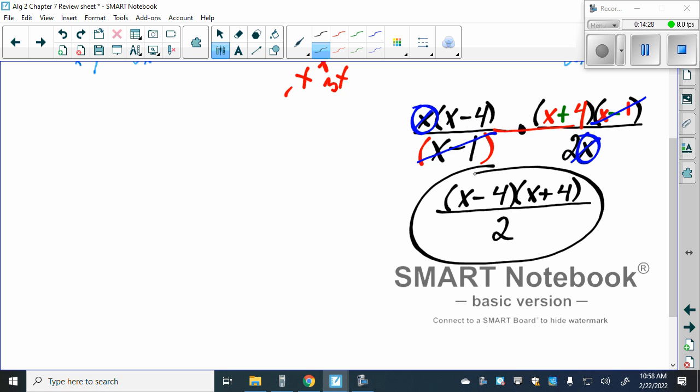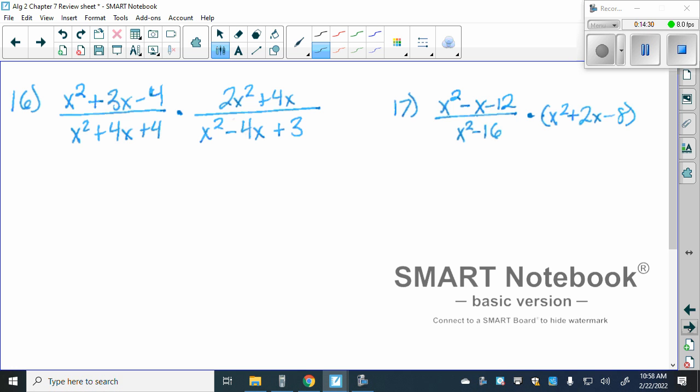All right. Let's look at 16. So we look at 16 here. We do need to factor each one of these here. And again, as we saw in the last one, if we do have a way to give us a hint, it is helpful.